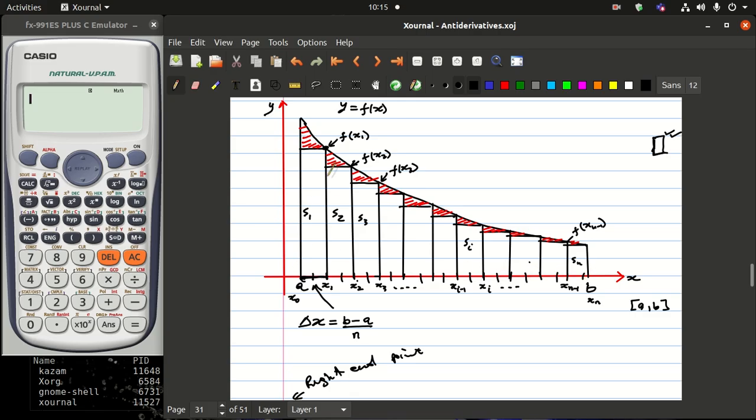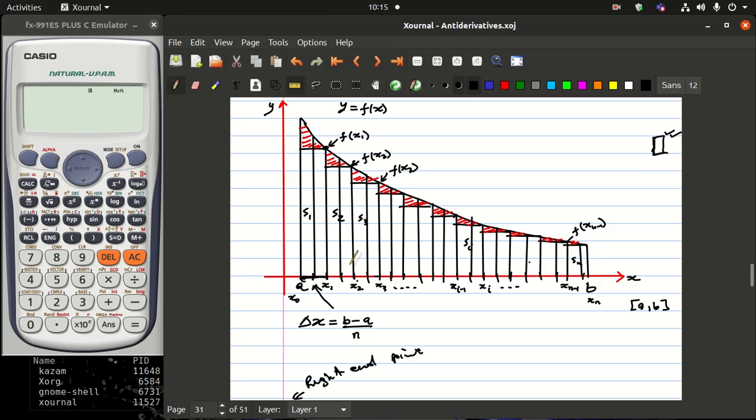And when I'm picking my height, let's say here, my height is going to be there. If I pick another interval, I will have another height there, and another height there, and so forth.